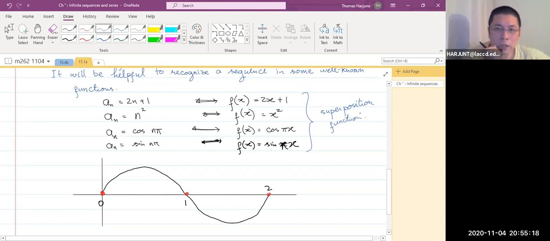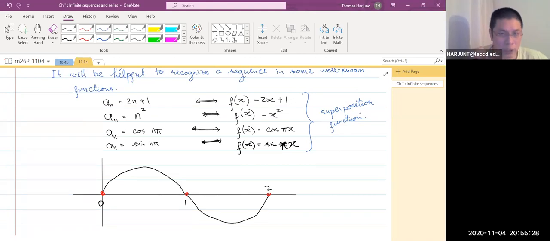That enables us to understand how the sequence actually works by knowing the bigger function first. Okay, that's one technique that we can use later on.